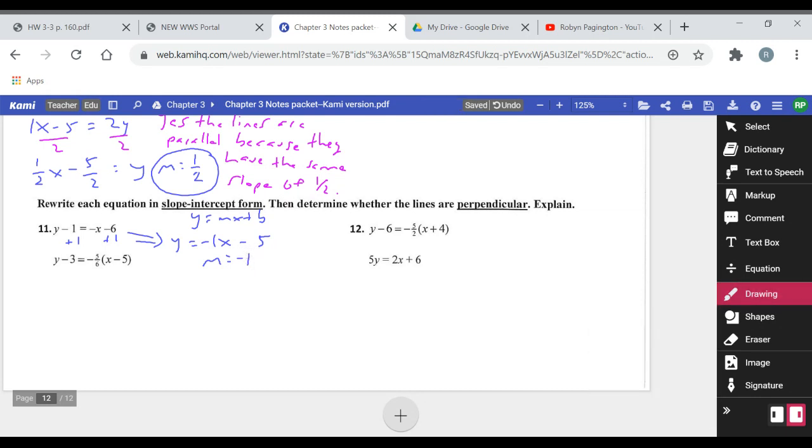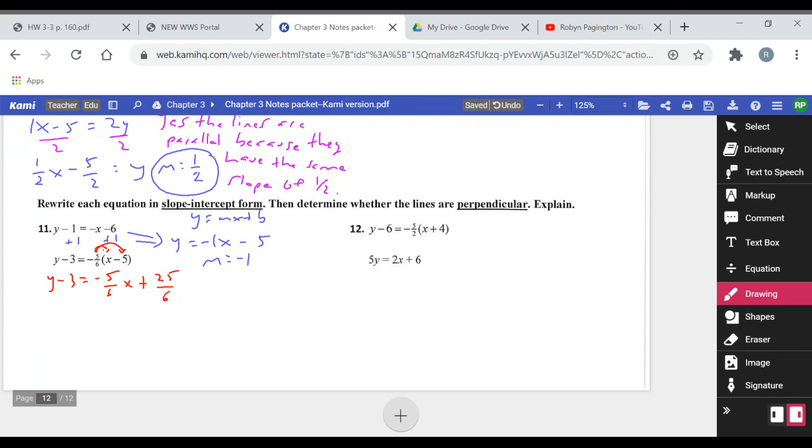All right, next I can get y by itself for the next equation. So I would go ahead and distribute this negative 5/6 first. So I've got negative 5/6 x, and then the negative times negative becomes a positive, and so I end up with 25/6 there.